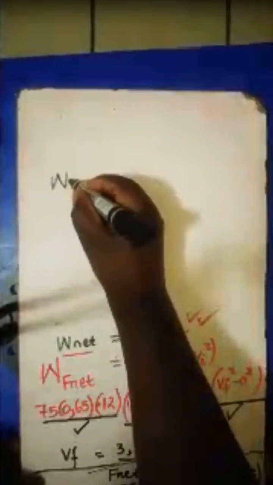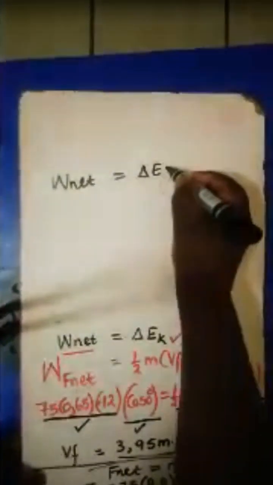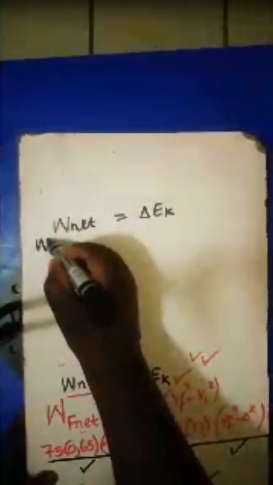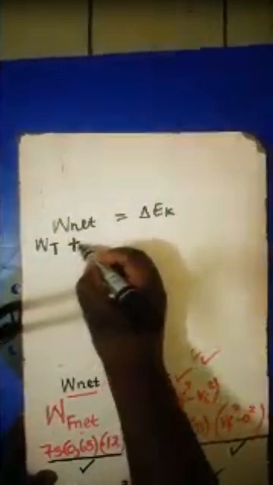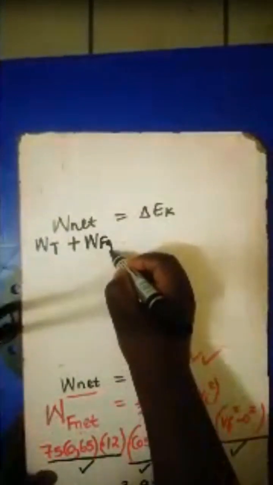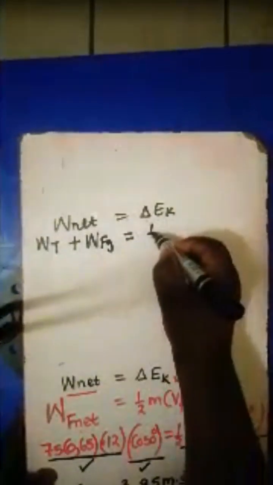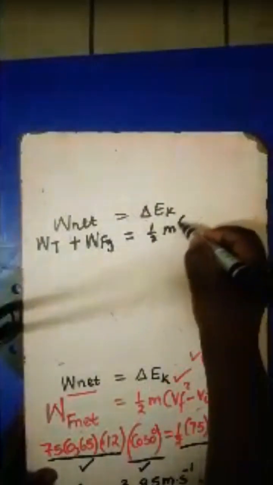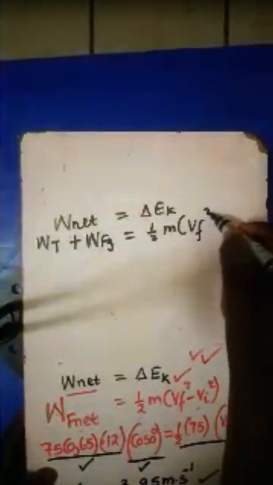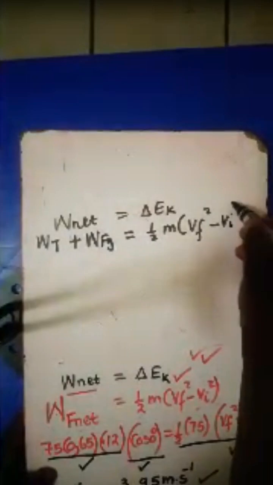Elena will use the approach now. W net is equal to change in EK. Elena will say work done by tension plus work done by gravity. They are still giving the same answer. 1 over 2 m, v final squared minus v initial squared.